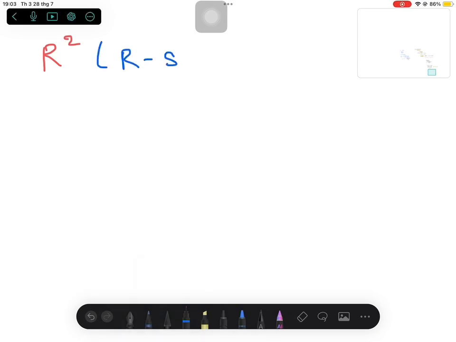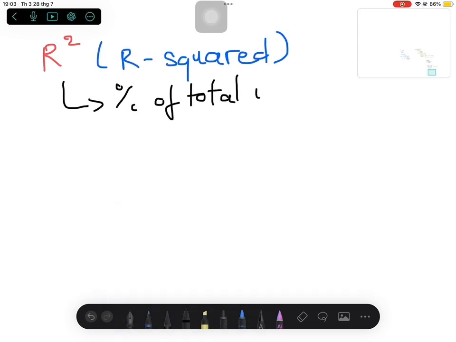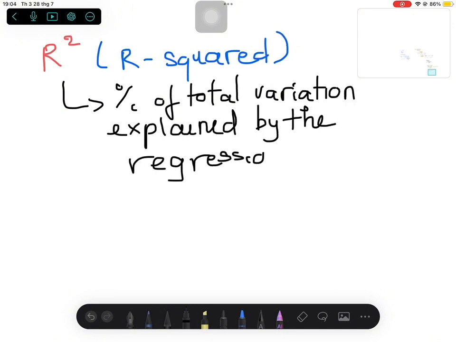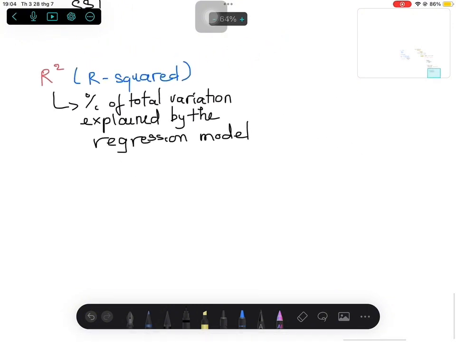One of the first statistics everyone looks at is R squared. R squared simply measures the percentage of total variation explained by the regression model. Suppose R squared equals 0.8.